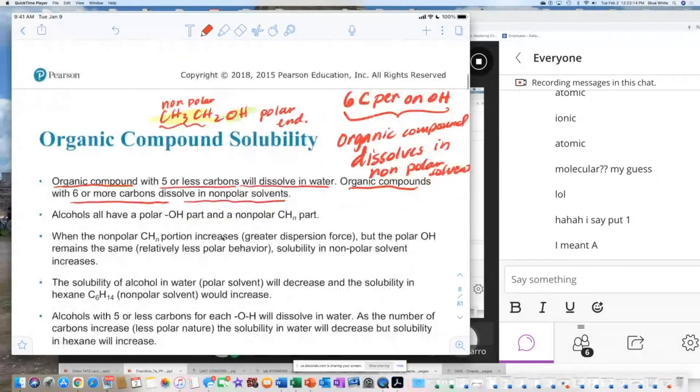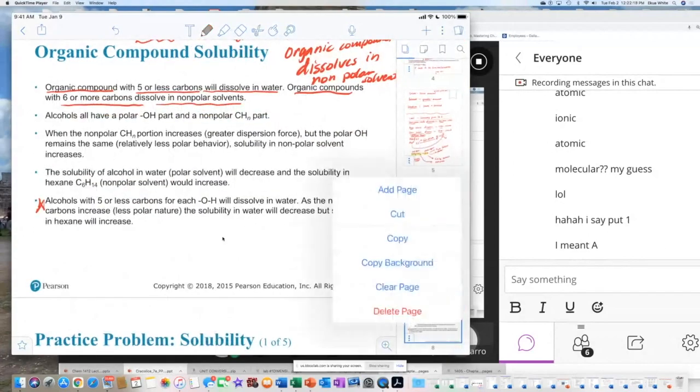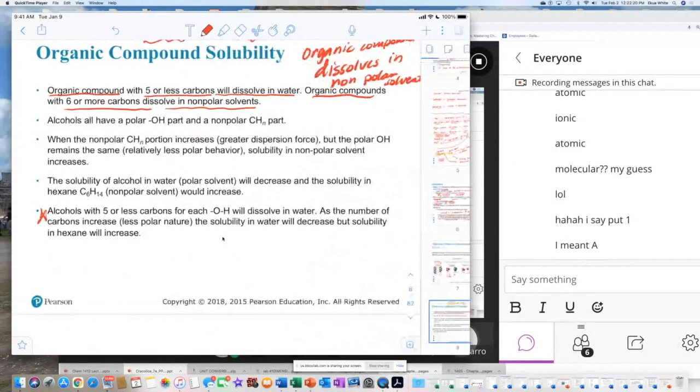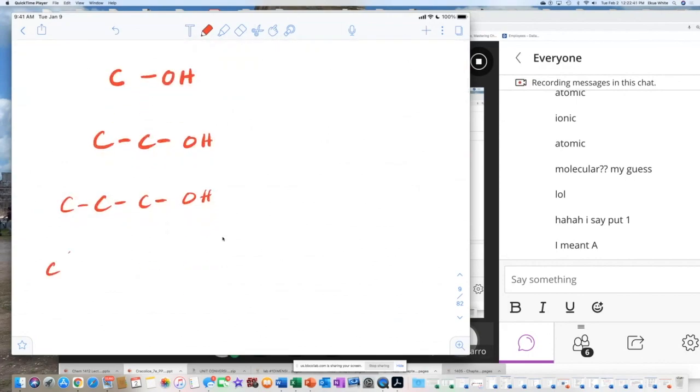Let me illustrate that and summarize this. I'll add a page and show this real quick. I'm not going to fill in the hydrogens, just for the sake of writing fast. I'm going to show you 1 carbon per OH, then 2 carbons per 1 OH, 3 carbons per 1 OH, 4 carbons.